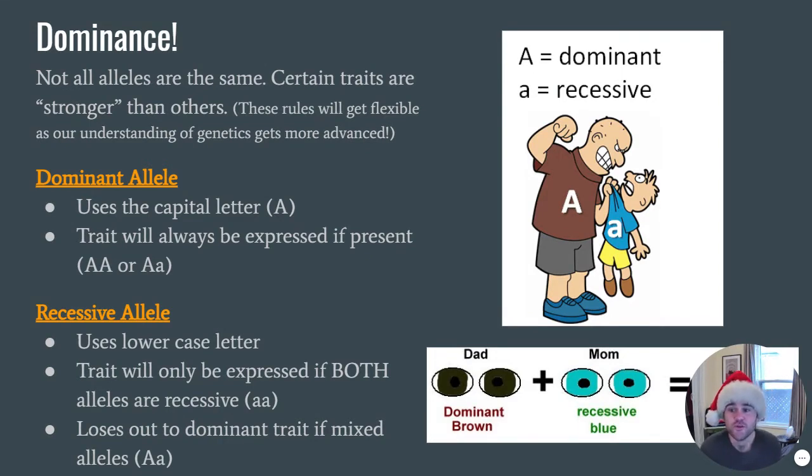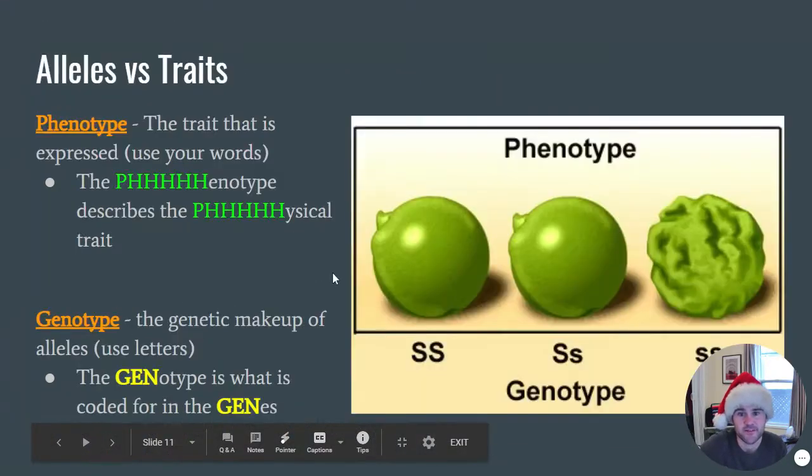So we're going to use the capital letter A, or any letter, for dominant, and it is always expressed if it's present because it's making that enzyme that's overriding the recessive allele. The recessive allele will use the lowercase letter, and that trait is only expressed if both alleles are recessive. So you have to have little a, or whatever letters you're using, and it's always going to lose out to the dominant trait if it's mixed.